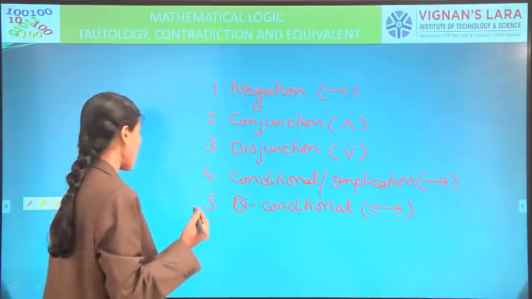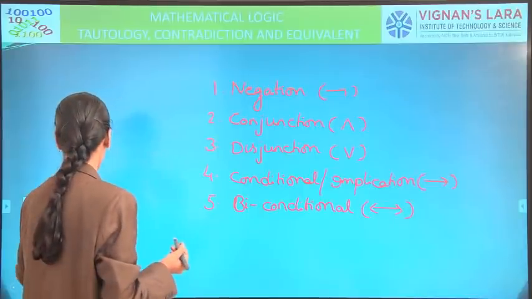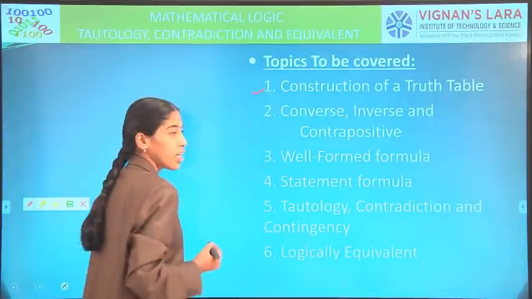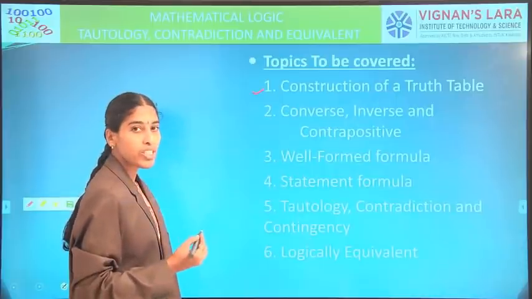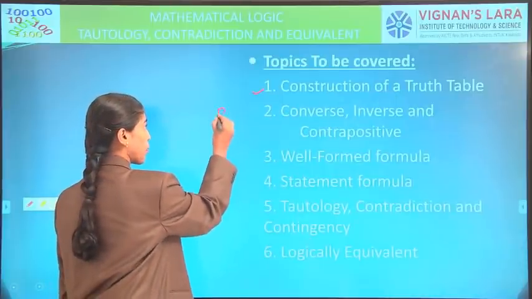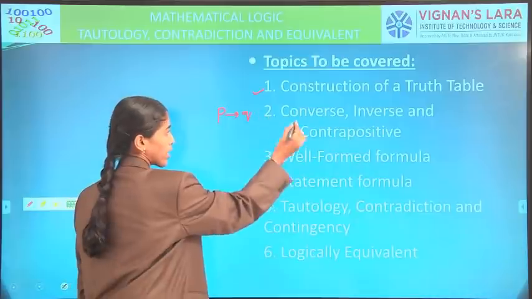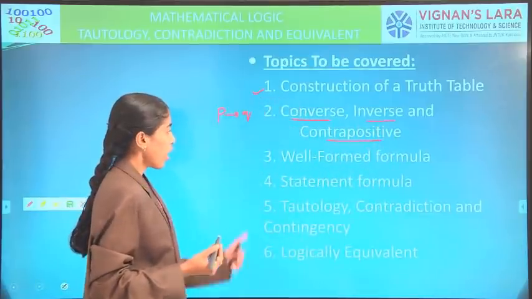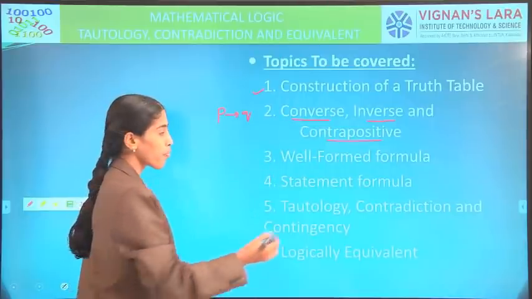Now, in this class, we will see how to construct a truth table for a given proposition, then for a given conditional or implication statement P conditional Q, what are the converse, inverse and contrapositive, then how to define a well-formed formula.